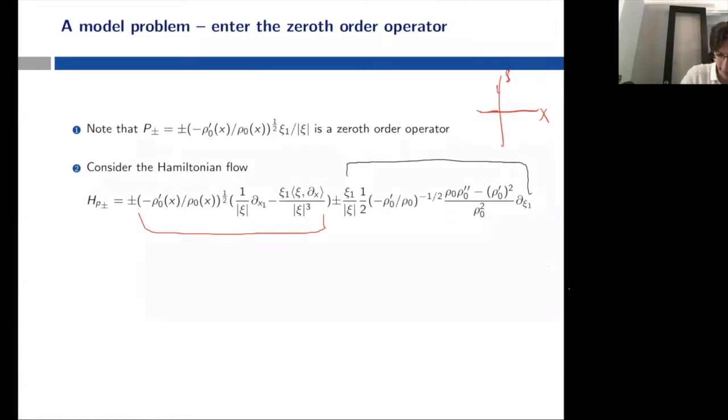In other words, if I just have the xi one frequency and no other frequencies, then it's running off to infinity in the xi one direction.